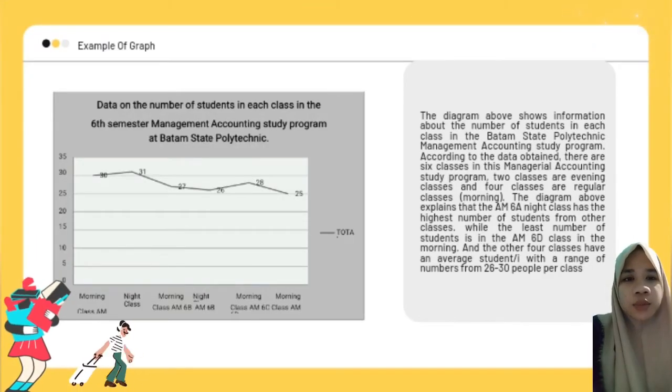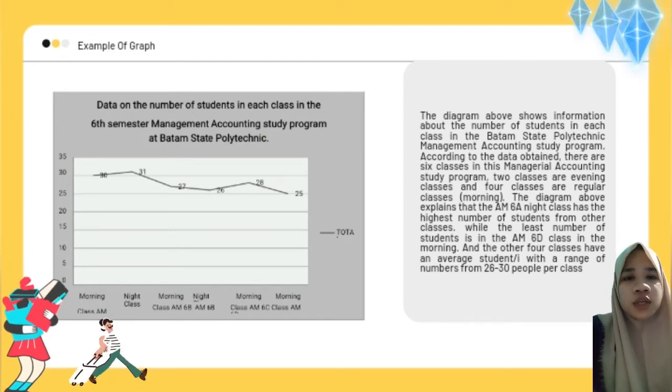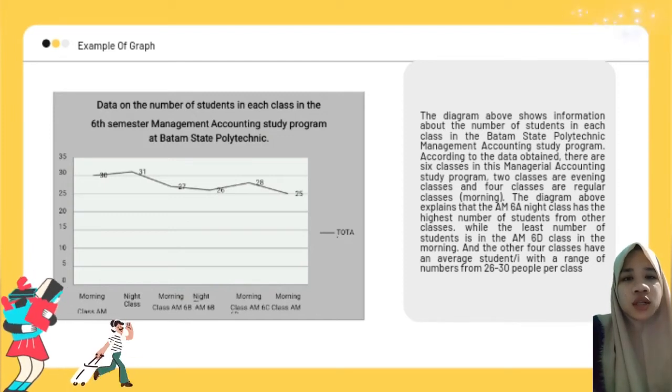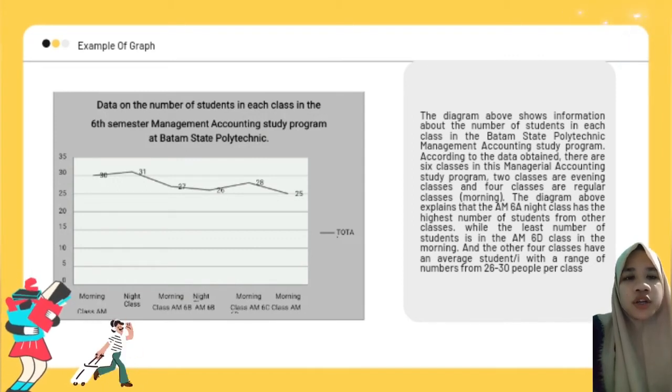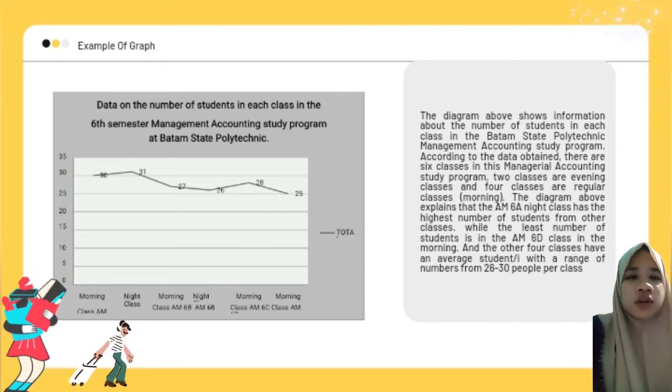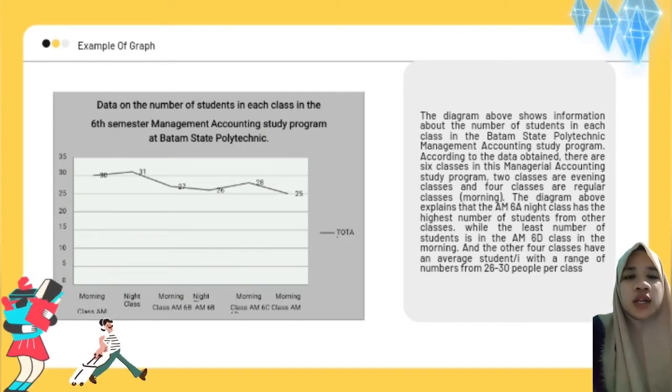The diagram above shows information about the number of students in each class in the Batam State Polytechnic Management Accounting Study Program. According to the data, there are 6 classes in the Managerial Accounting Study Program. 2 classes are evening classes and 4 classes are regular or morning classes.